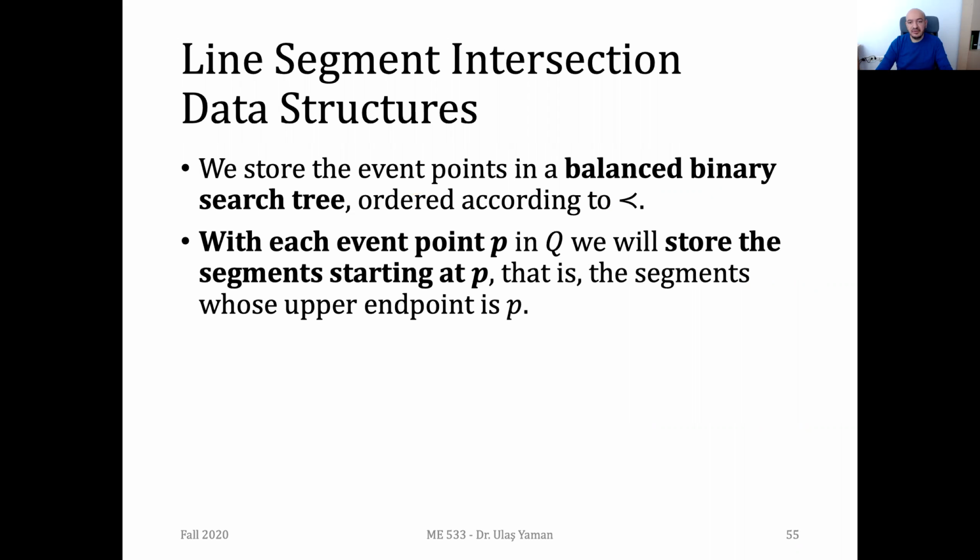With each event point in our queue, we will be storing the segments starting at that event point P. Let's say this is the event point P, and there we should be storing the segments which start at P. We might have, for instance, L and M. If their starting point is that event point, then we should be storing some pointers pointing to the line segments which have upper end point P.